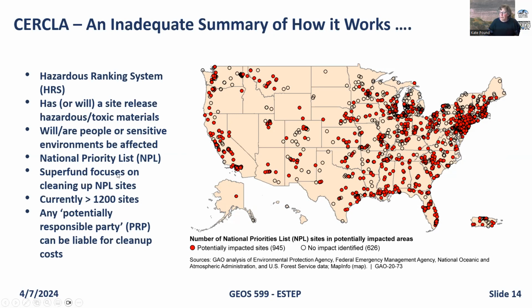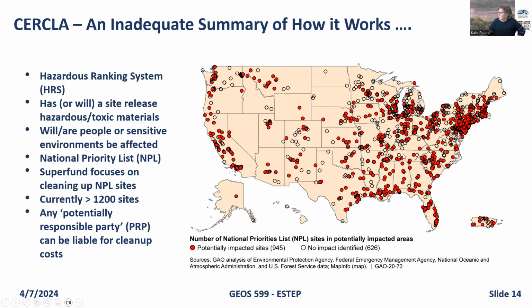And the Superfund focuses on cleaning up those sites that are on the national priority list. And there are currently more than 1,200 sites on that priority list. And this is where it gets very complicated because there's potentially responsible parties that could be liable for the cleanup cost.